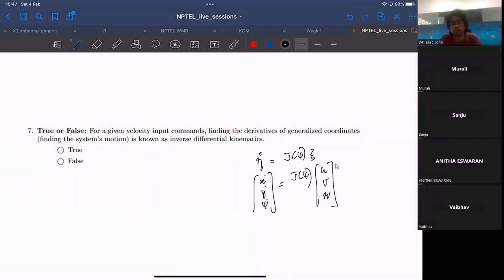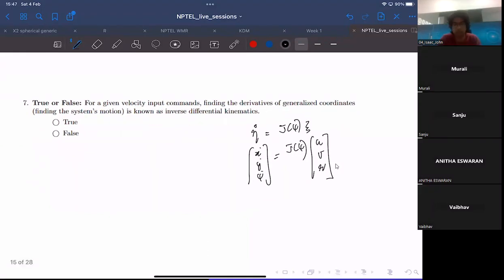Okay, so I'll go with the reasoning. Differential kinematics deals with the mapping between the velocity input commands and the velocity that is expressed with respect to the fixed frame. So eta dot is the velocity of the robot expressed with respect to the inertial frame.